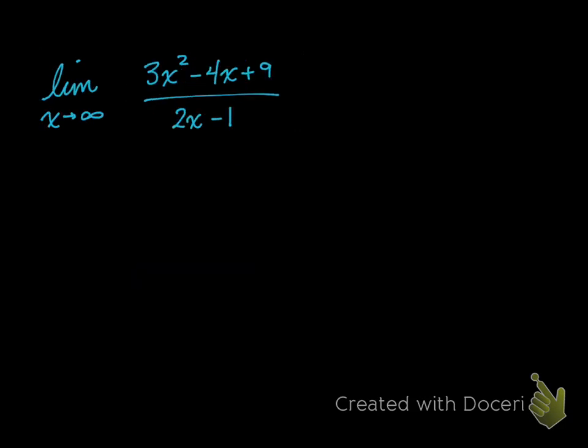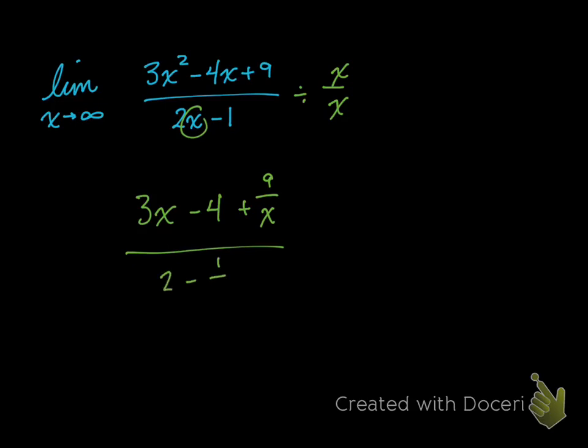This one, the biggest power on the bottom is just x this time, so we're going to divide by x over x. The first thing we have is 3x minus 4 plus 9 over x, and on the bottom, 2 minus 1 over x. Poof, poof. We're left with 3x minus 4 over 2.